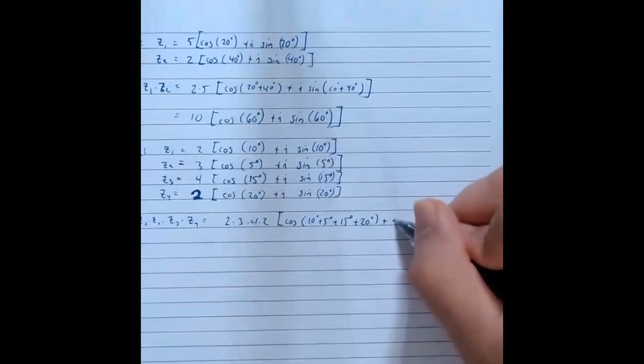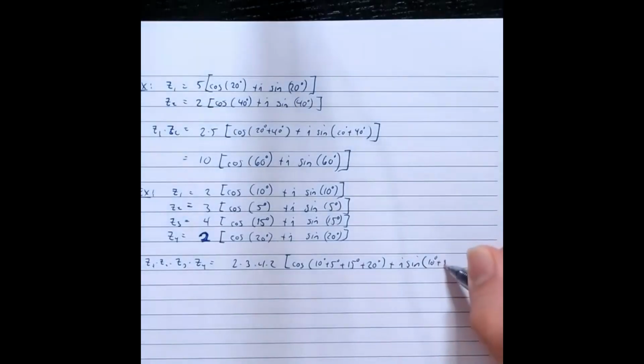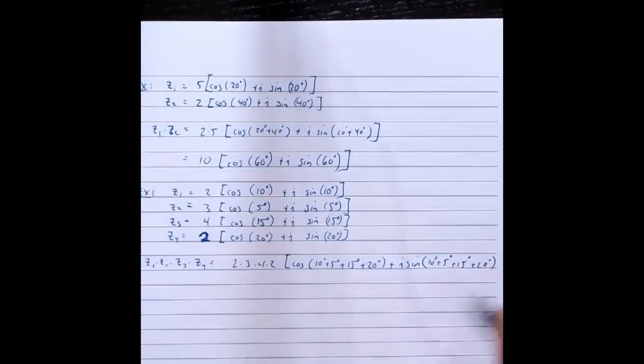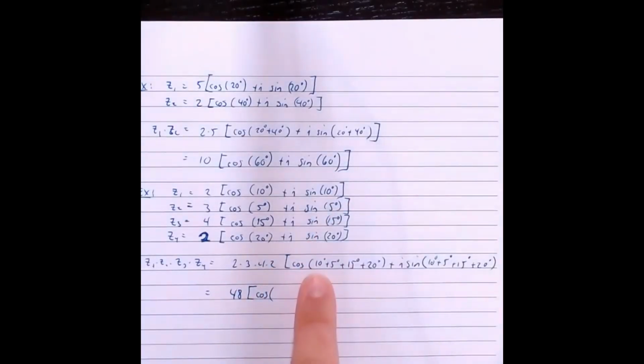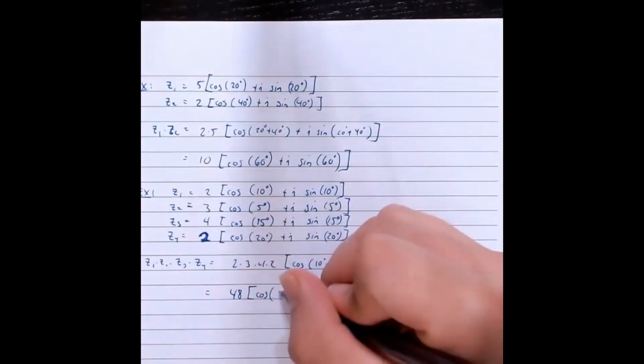And then same thing for this one, plus i sine of 10 degrees plus 5 degrees plus 15 degrees plus 20 degrees. So total, 2 times 3 is 6, times 4 is 24, times 2 is 48. So it's going to be 48 times the cosine of 15 plus 15 is 30, plus 20 more is 50.